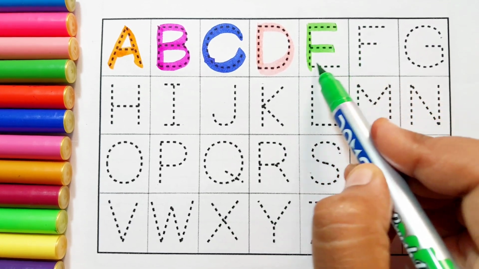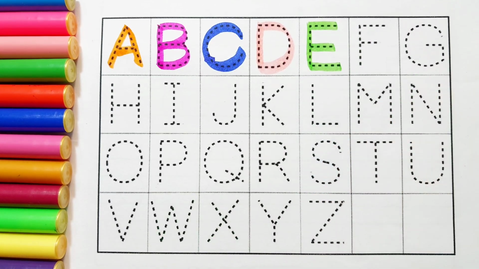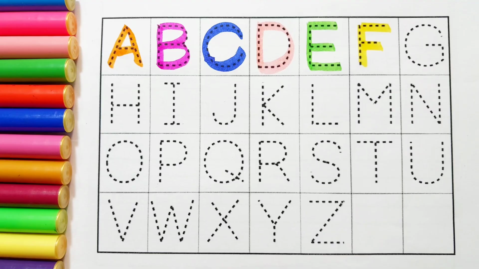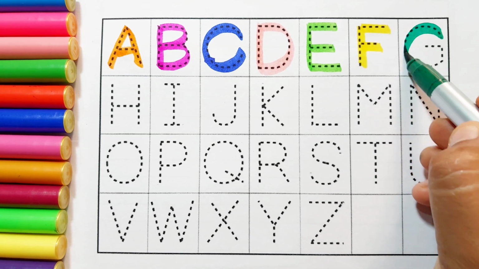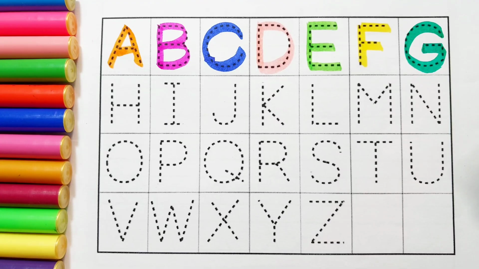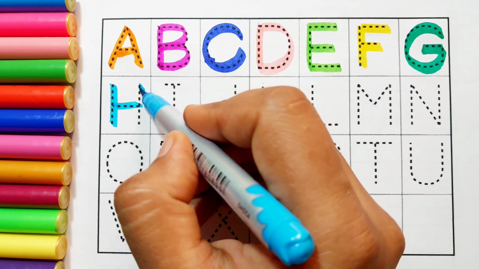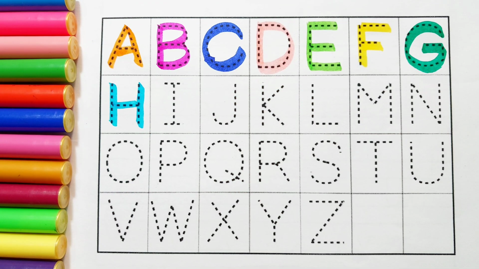E for elephant. F for fish. G for gun. H for horse.